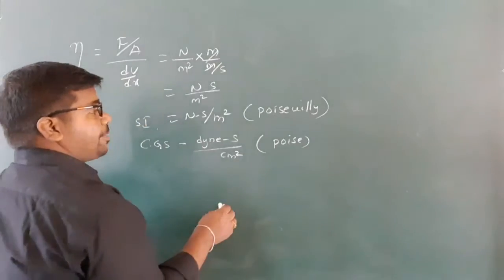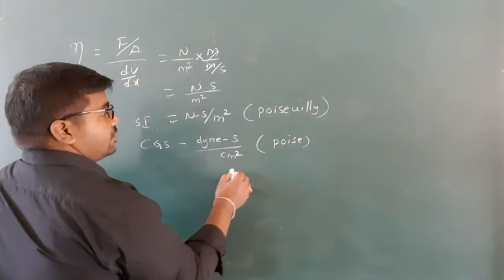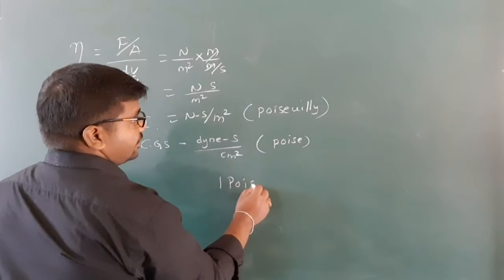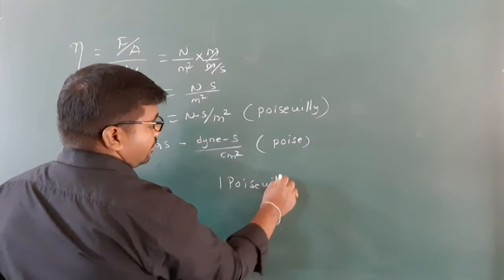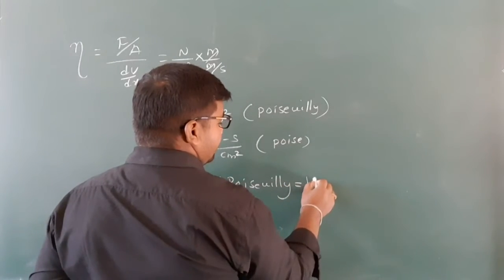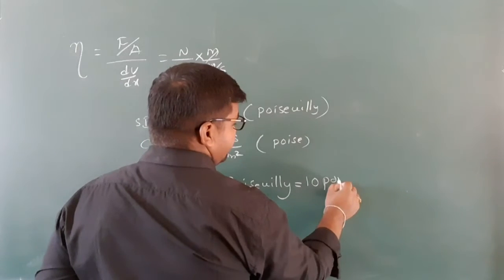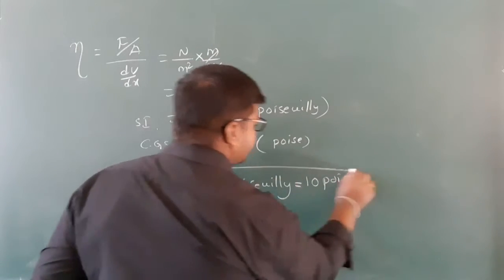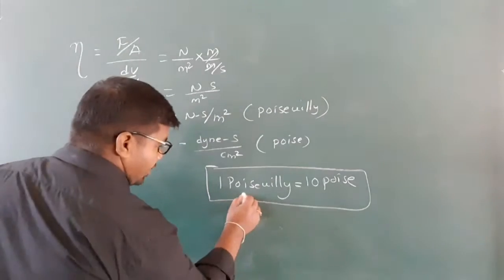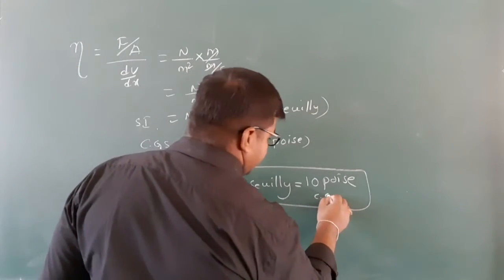So we can say 1 poiseuille is equal to 10 poise. So this is the relation between SI system and CGS system.